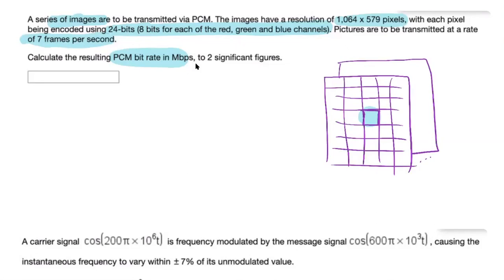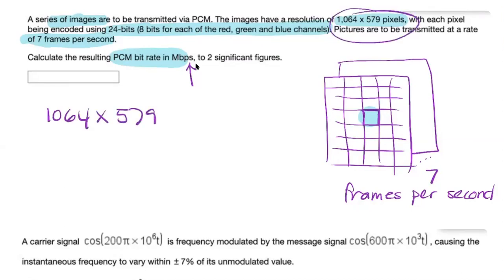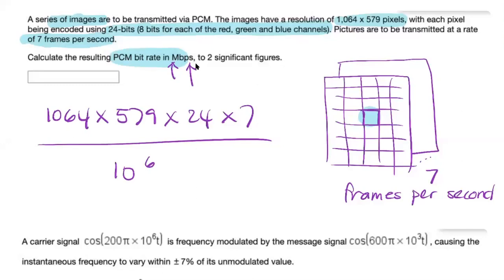In this case, your question might be different, but in this case, it's 7 frames per second. Per second is important because the question is asking to find the bit rate in megabits per second. So in every second, we have 1064 times 579, that's the number of pixels, times 24 bits, times 7. Because they want it in megabits per second, you divide by 10 to the power 6.